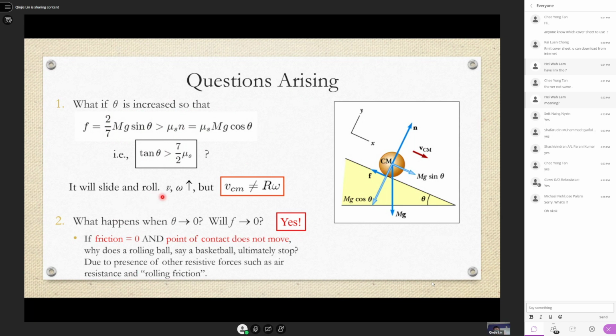The velocity and angular velocity are going to increase. But at that point, VCM will not equal R omega. They will not be related in that manner anymore, because we came up with this equation with the assumption that the point of contact is not moving. Okay, but when something is sliding down, the point of contact is moving already. So this equation will not be applicable.